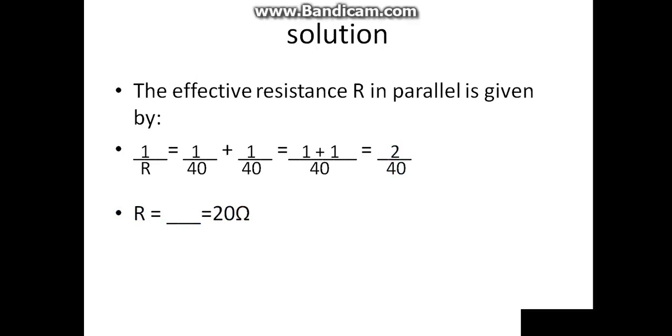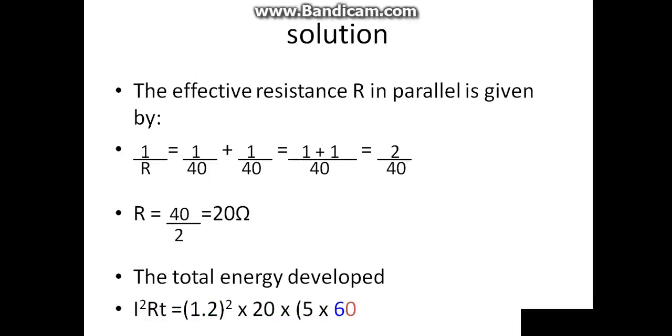Therefore, capital R is equal to 40 over 2, which is equal to 20 ohms. The total energy developed is equal to I squared RT, which is equal to 1.2 squared times 20 times 5 times 60, which will give us 8,640 joules.